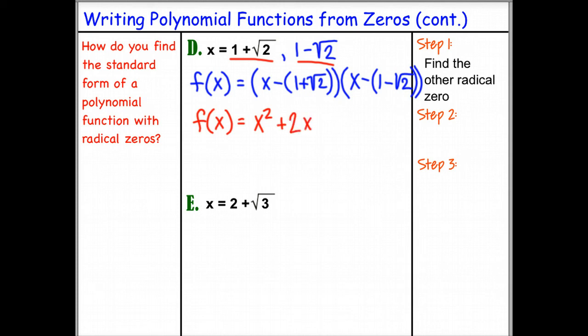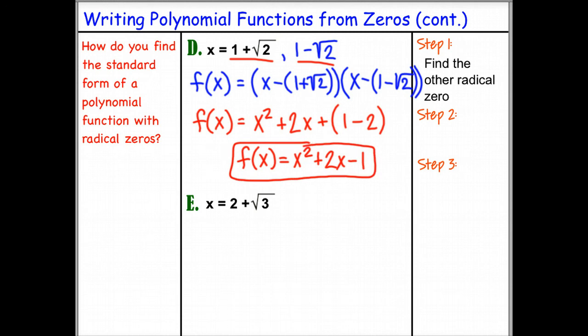And then we take the product, and we do have to FOIL that out. 1 times 1 is 1. 1 times the negative square root of 2 and 1 times the positive square root of 2 cancel. Square root of 2 times negative square root of 2 is -2. And so that would be -1, so our function is f of x equals x squared plus 2x minus 1.